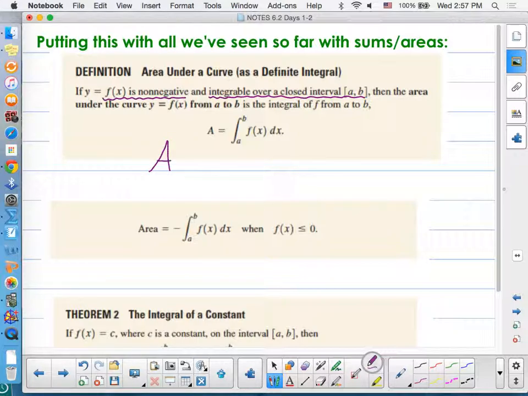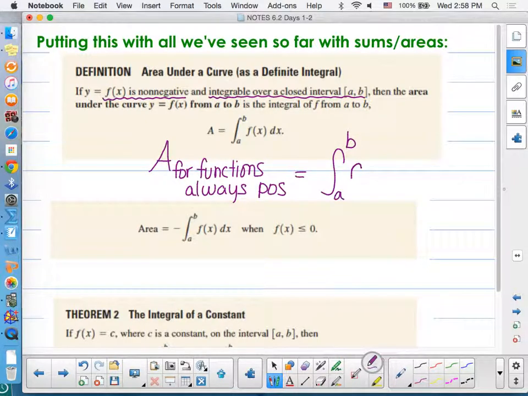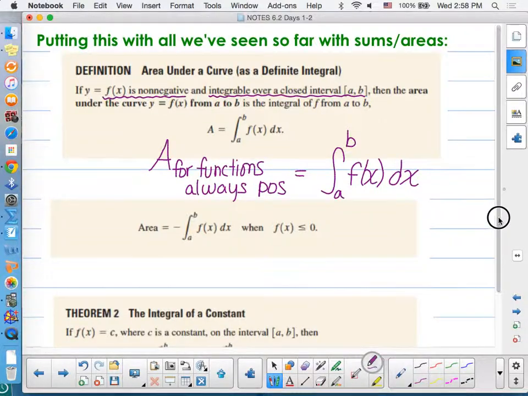So area for functions that are always positive actually is the value of the integral. So sometimes when you're asked to evaluate an integral, one way to do it, if the function always stays positive, is to just evaluate the area between that positive curve and the x-axis.